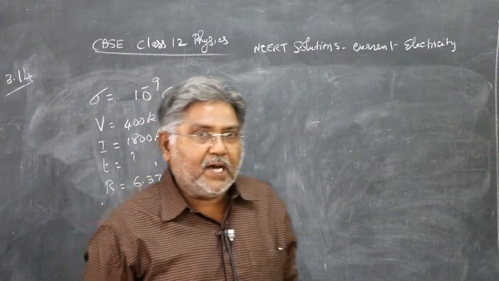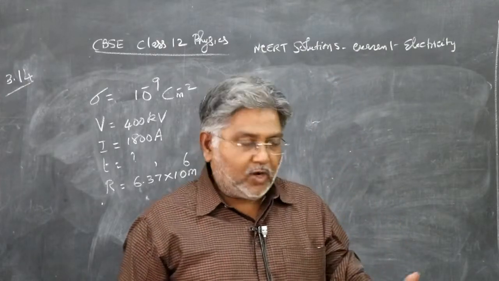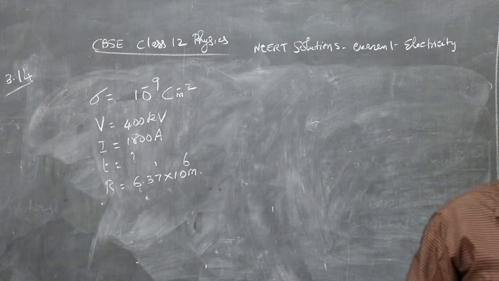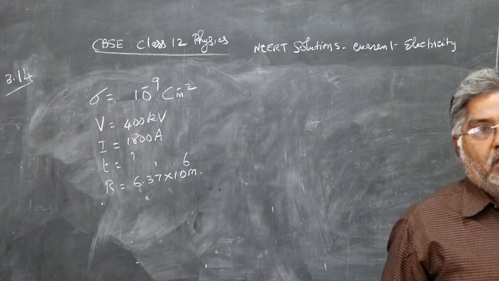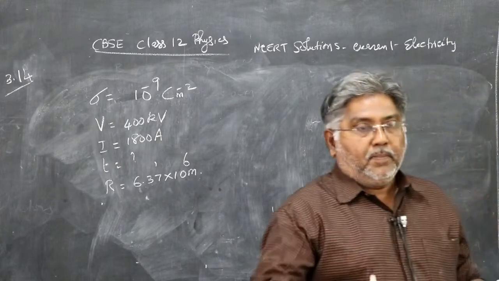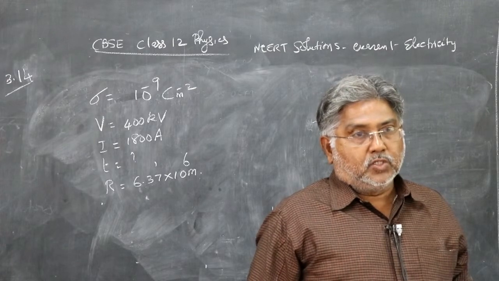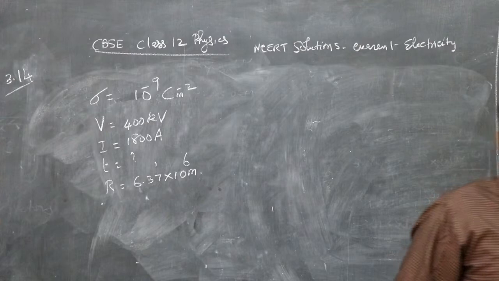So, what is the idea? Earth has got negative charges. According to the textbook, there is a potential difference of 400 kilovolt between the top of the atmosphere and the surface of the Earth.